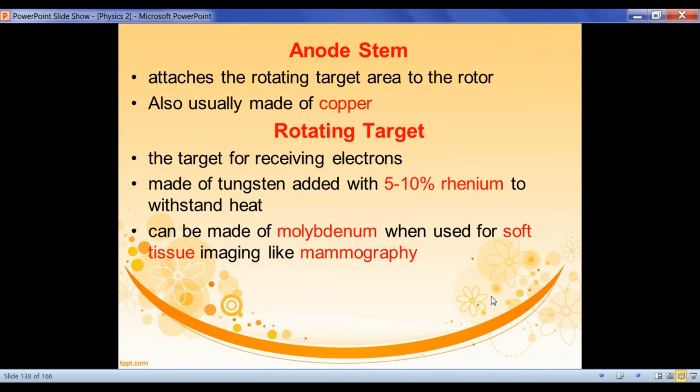Kaya ginawa po ng mga manufacturer, instead na tungsten, yung ginagamit po natin sa mammography units ay molybdenum dahil it has low atomic number. Dahil low atomic number, hindi po niya gaanong maa-absorb yung mga low energy X-rays na useful po sa ating soft tissue radiography. Naintindihan po ba? Okay.